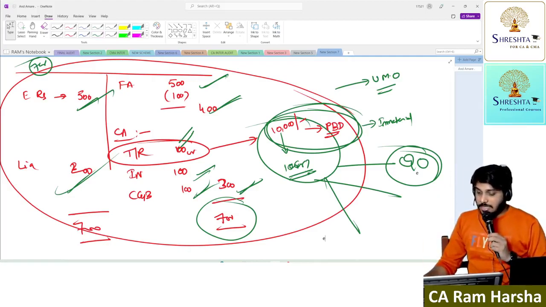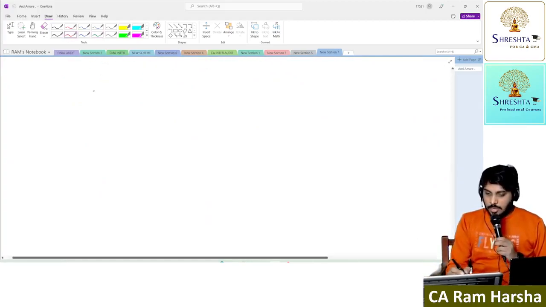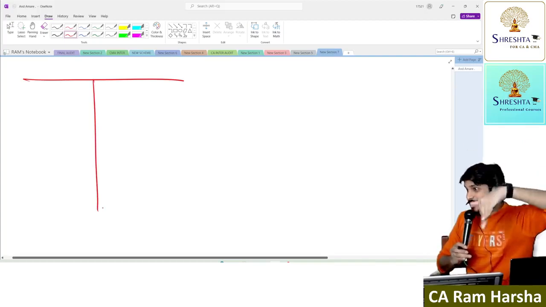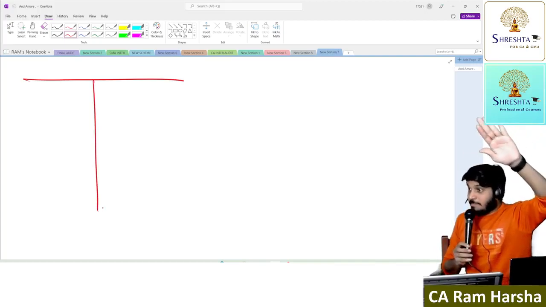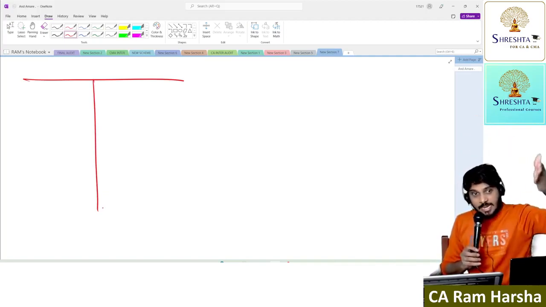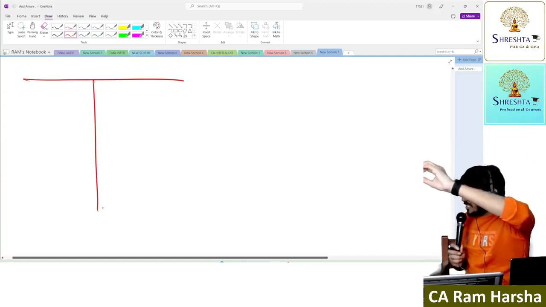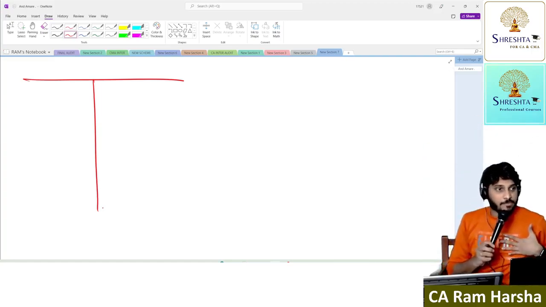Next, another example. Now you see, we are only focusing on misstatements. Misstatement can be immaterial, material but not pervasive, or material and also pervasive. These three types we have seen. If the misstatement is immaterial as a whole, which opinion will we give?